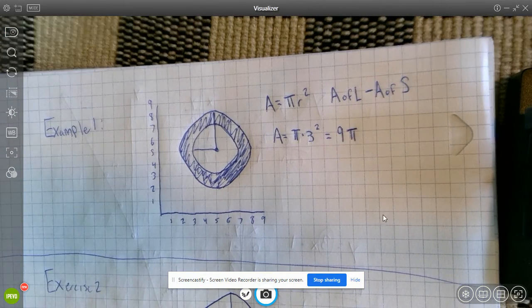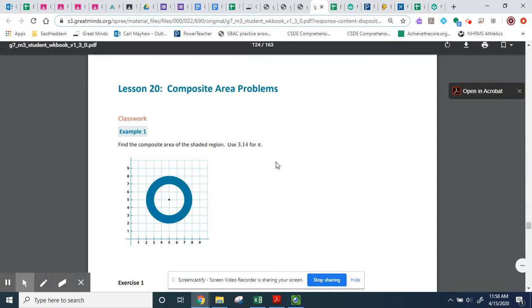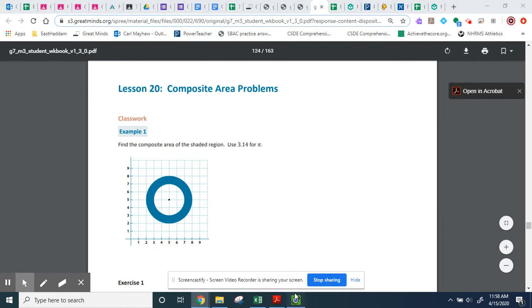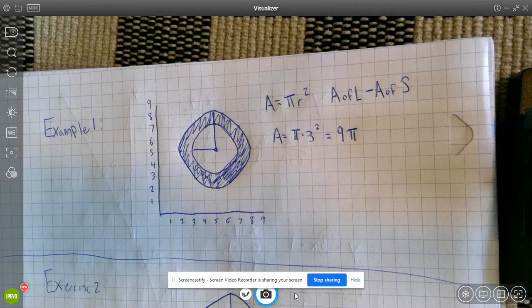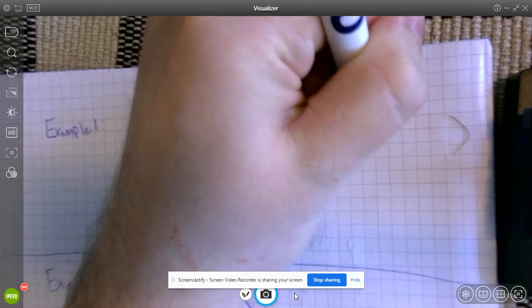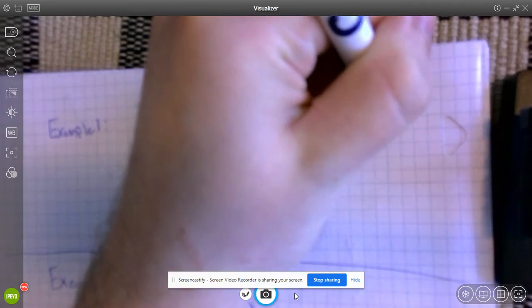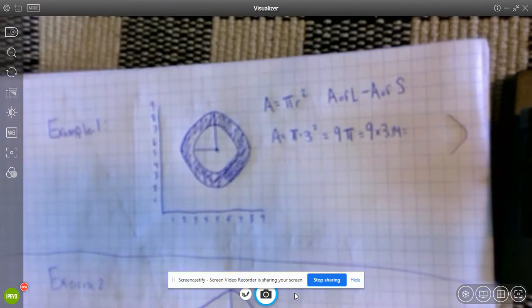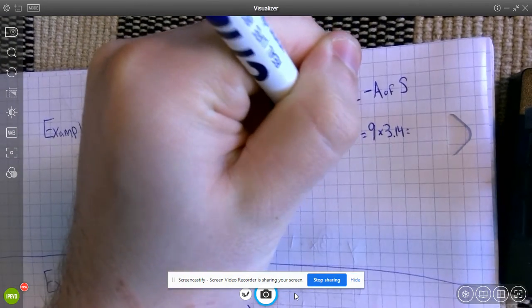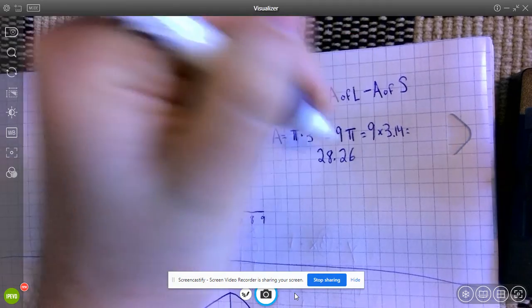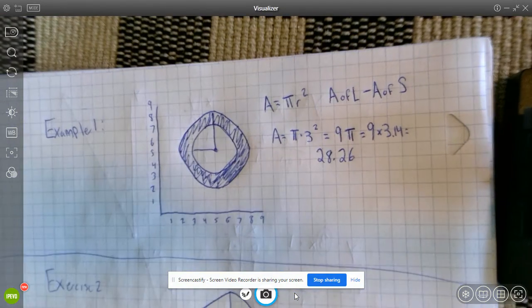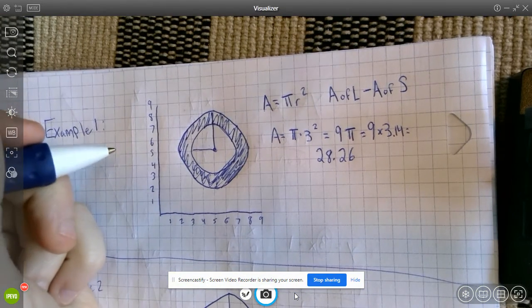If we go back to the problem, let's see if it says one way or another. Use 3.14 for pi, so we will do that. I'm going to take my calculator out just to calculate that. 9 times 3.14, and we'll write that as well, 9 times 3.14, and that's going to give us an area of 28 and 26 hundredths.